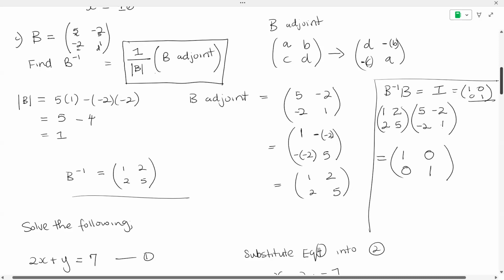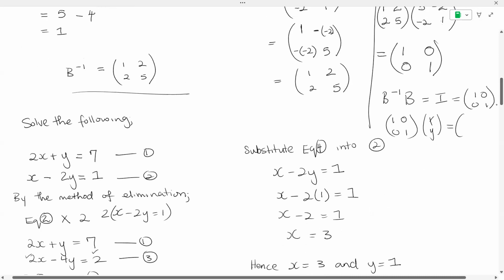So we see it here that B inverse by B will give me the multiplicative identity, which is 1, 0, 0, 1. And if I have the multiplicative identity 1, 0, 0, 1, multiplying by xy, that will just give me back xy.